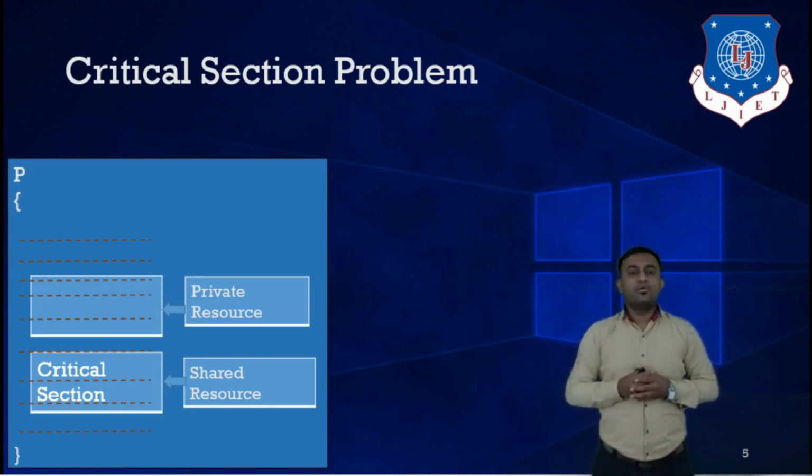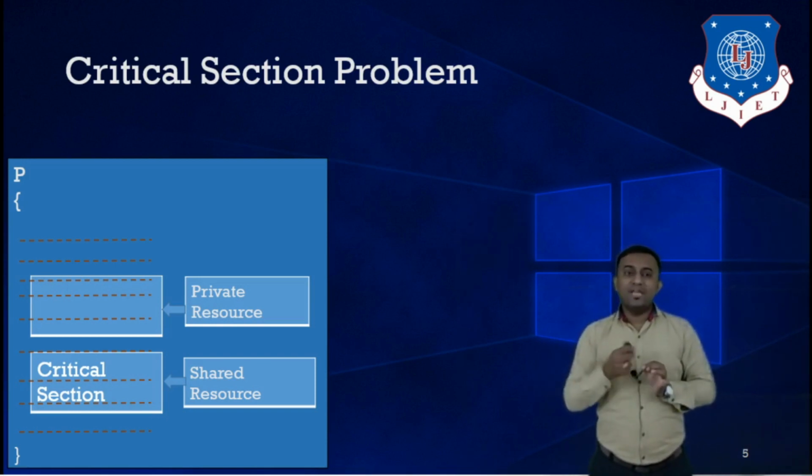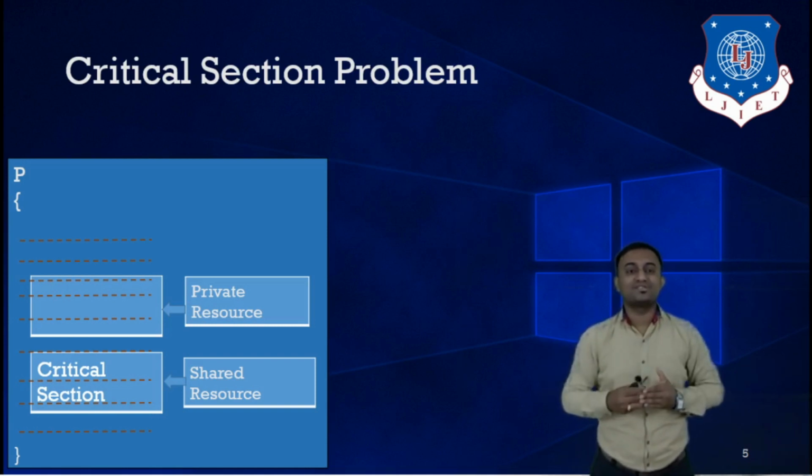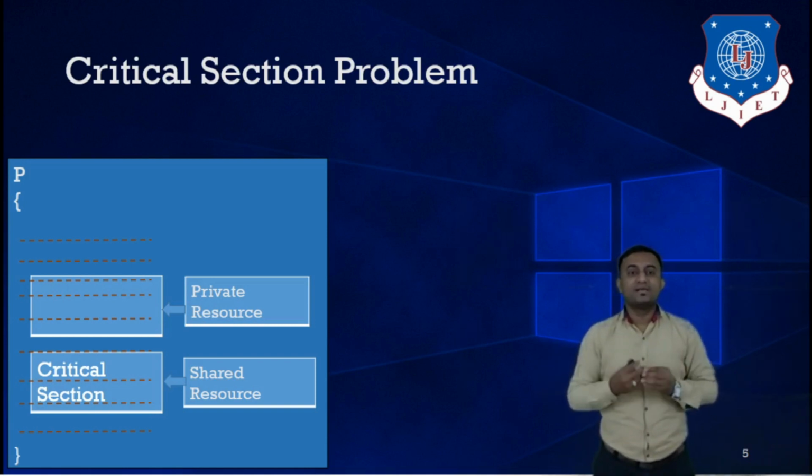The problem occurs when any process wants to access shared resources. What if more than one process competes to access shared resources? Definitely this problem can occur, and it may lead to inconsistency.